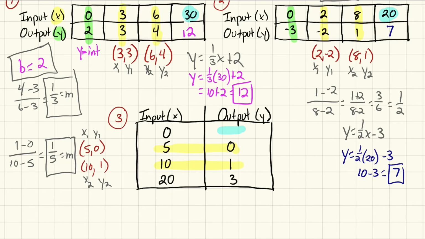I actually have to solve for that. So probably the best formula for us to use is going to be our point slope form, which is y minus y sub 1 equals m times x minus x sub 1. Notice that, and I'm going to highlight this in blue, that I have my slope. We calculated that. I also have my x1, y1. So all I have to do is plug in those values.